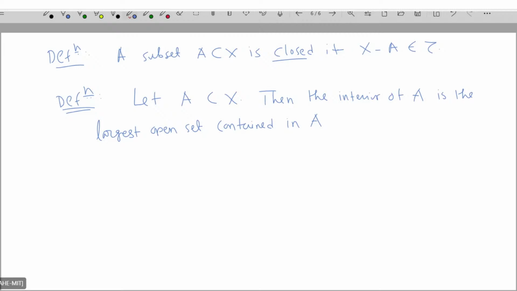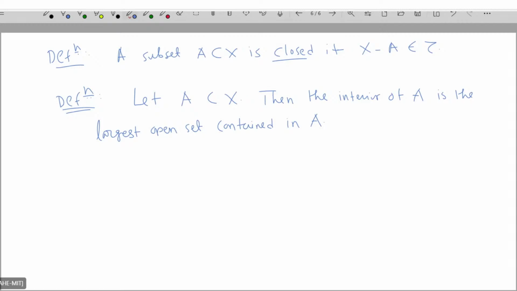So just remember this: if we have all open sets inside of A and take the union of those open sets, then you will get the interior of A. Okay.